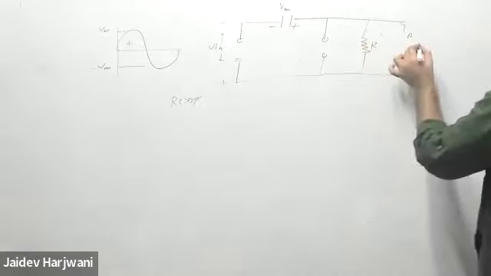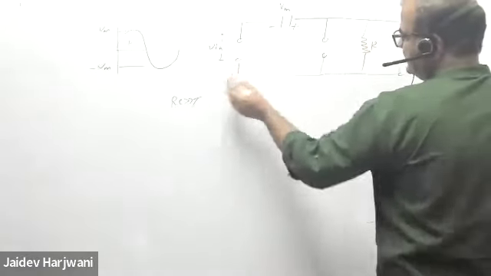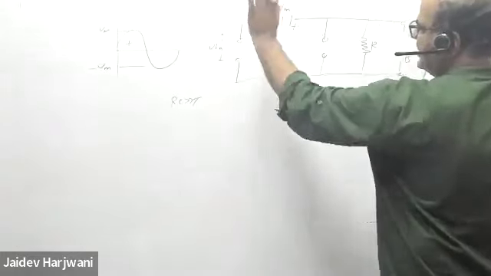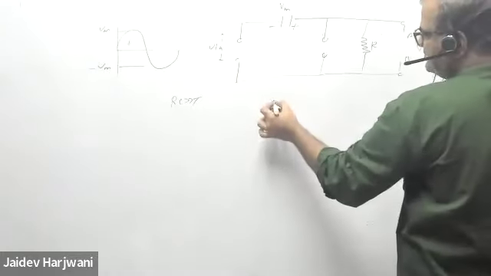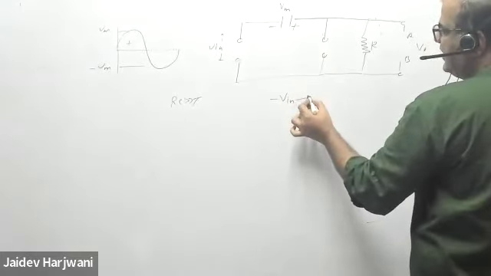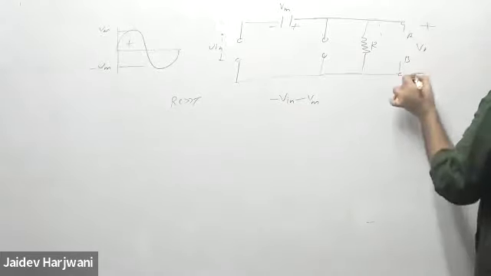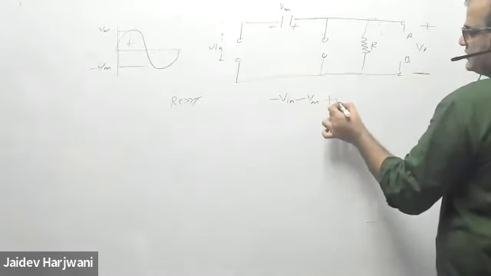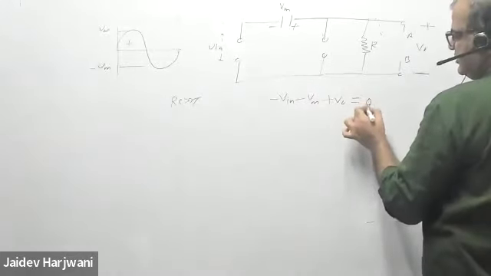Now I can find the V output. Now I can remove this one charge. V input is varying from minus to plus. So this is minus V input, and this is minus Vm, and I'm measuring the voltage from plus to minus, so this is plus V naught. Applying Kirchhoff's law, the sum becomes 0.